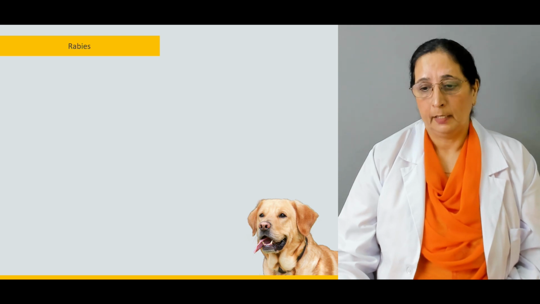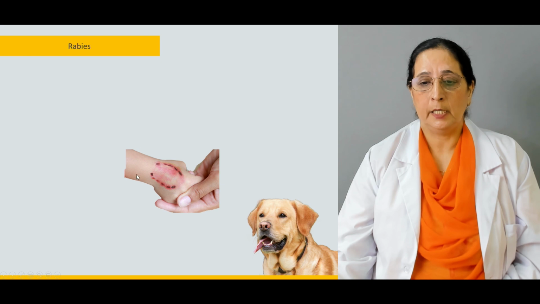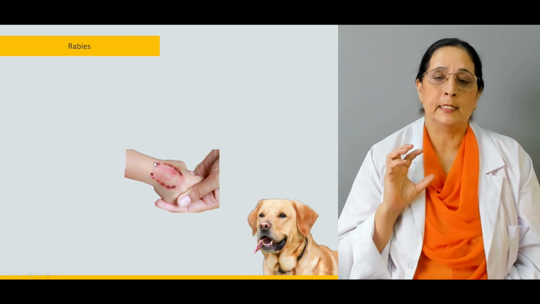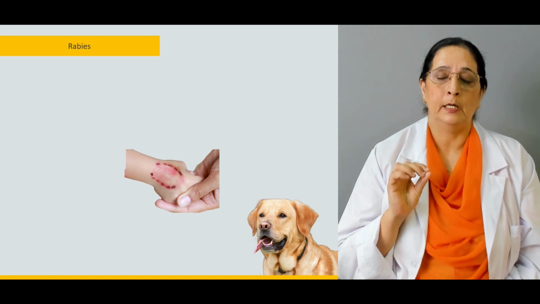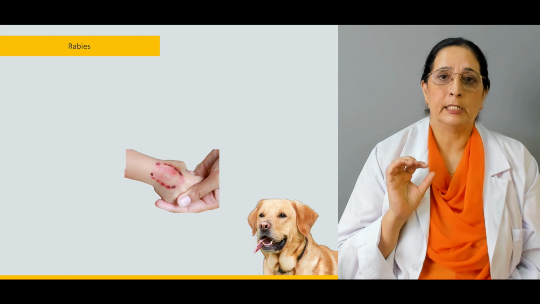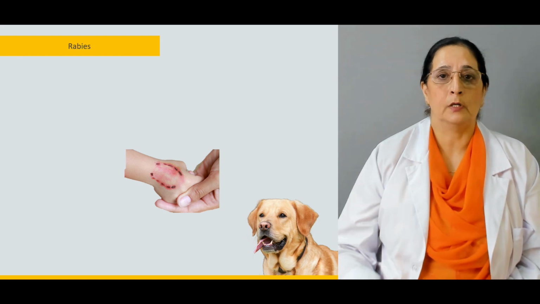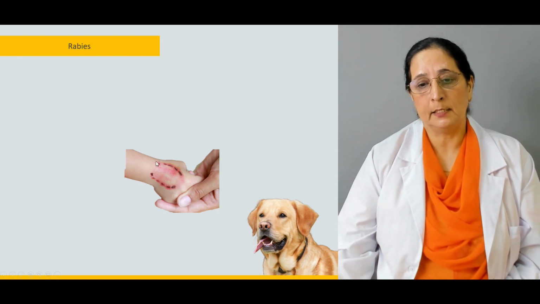The bite of a dog causes a wound, and the rabies virus is present in the saliva of the animal. When that saliva touches the laceration or the abrasion, it can cause the infection. You can see this deep wound caused by the bite of the dog.